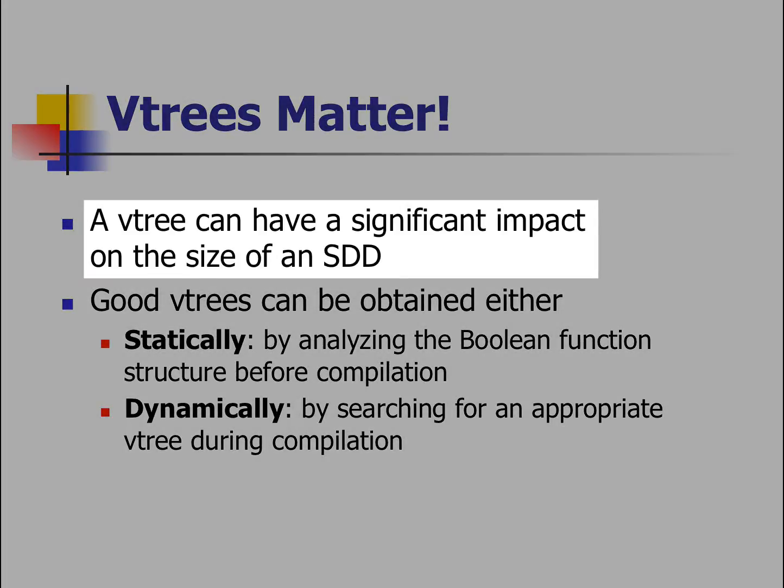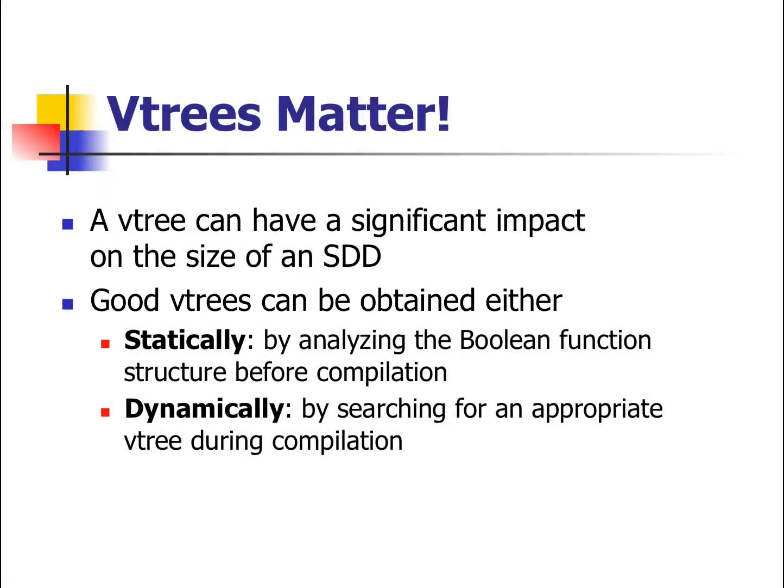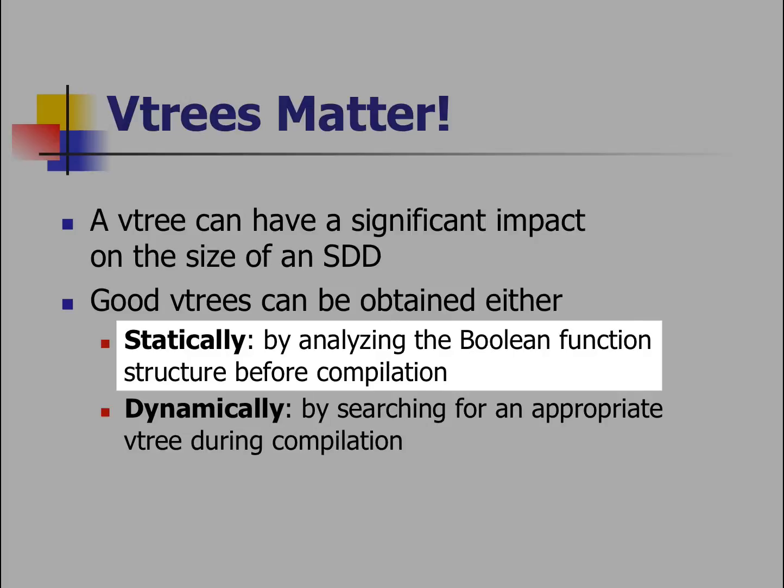The choice of a Vtree can have a significant impact on the size of an SDD. In fact, the difference could be exponential, as we will see in just a little bit. Choosing a good Vtree could be done in two particular ways. The first one is what we call static, and that is done by analyzing the structure of the Boolean formula before the compilation starts.